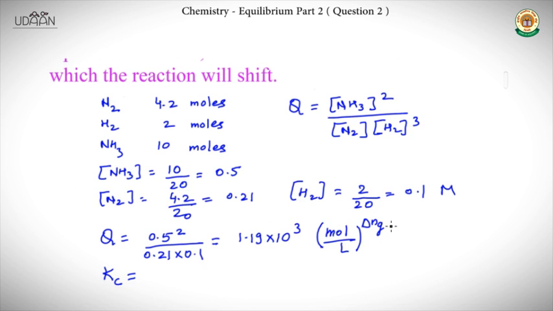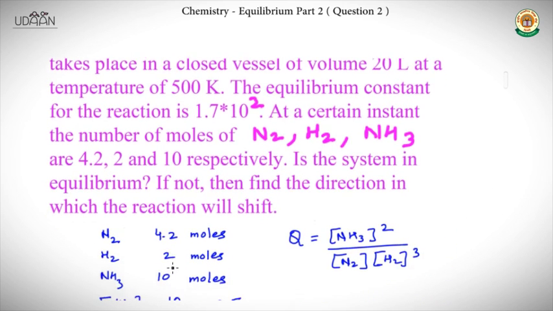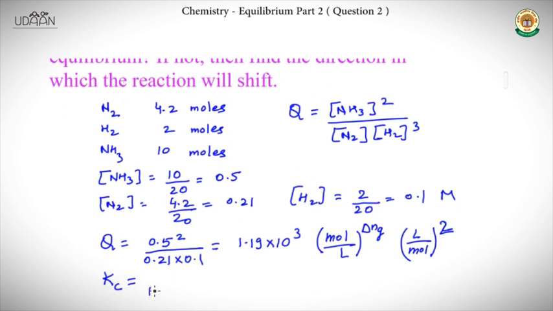And delta ng, we know, is minus 2, so the unit will be liter squared per mole squared. So what is the Kc which is given to us? The Kc is 1.7 into 10 raised to the power 2.